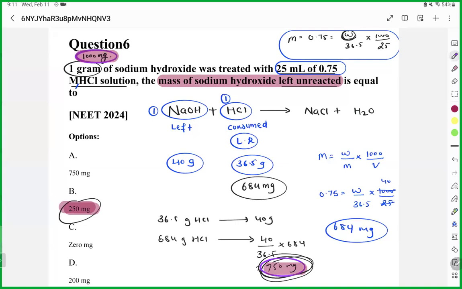Second, use the method where using one number you calculate the second. So 36.5 gram consumes 40 gram of NaOH, 684 mg will use 750 mg. Utilize this much. What is the remaining? 1000 minus this. Done.